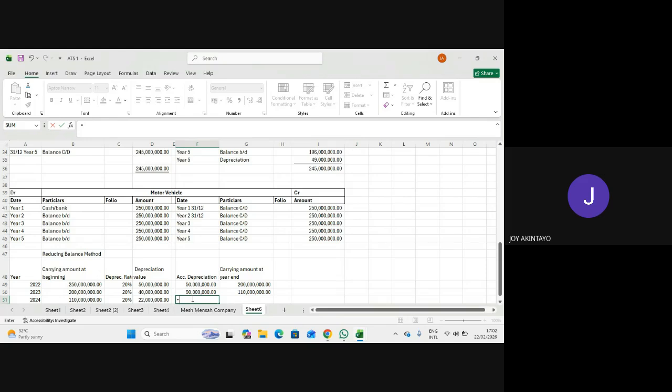So add it together. This plus this. What is your value? 90 million, 90 plus 22.